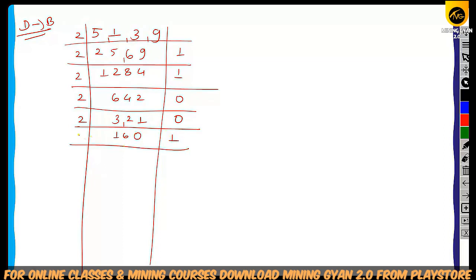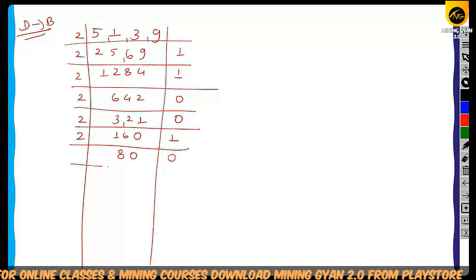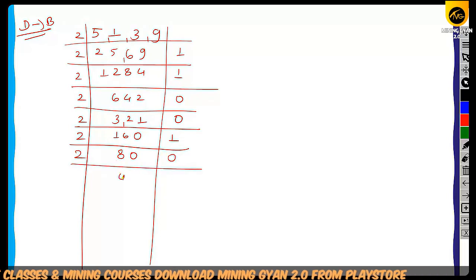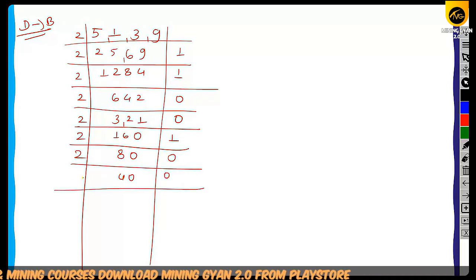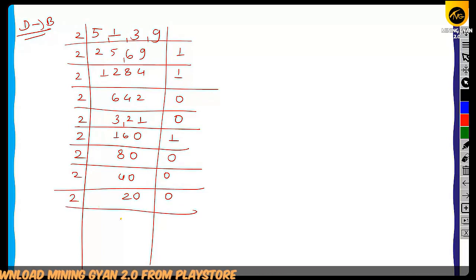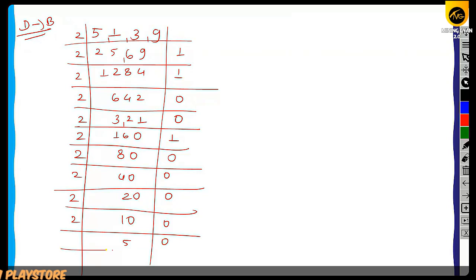Next, 2 eights are 16, again 0, no remainder. Now next 40, no remainder, it's 20, again 0. 10, again 0. Now 2 fives are 10, no remainder, and 2 twos are 4, and there is one remainder. Last will become 2 ones are 2, there is no remainder.